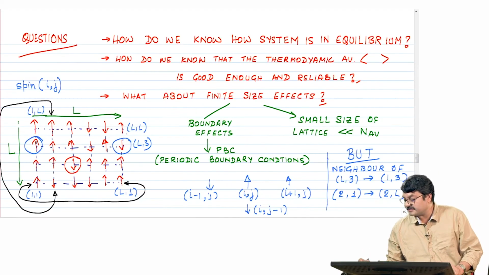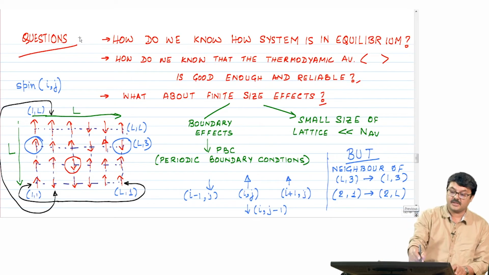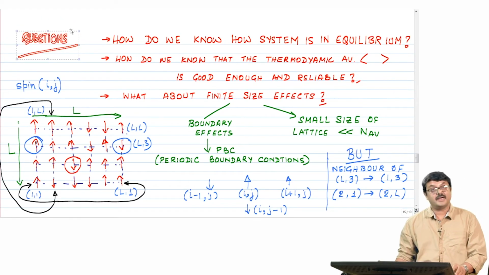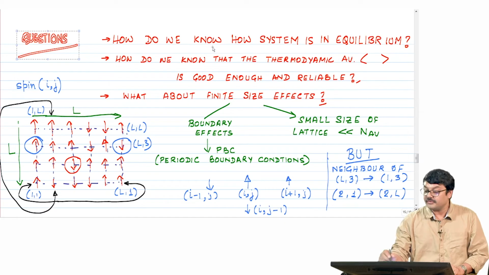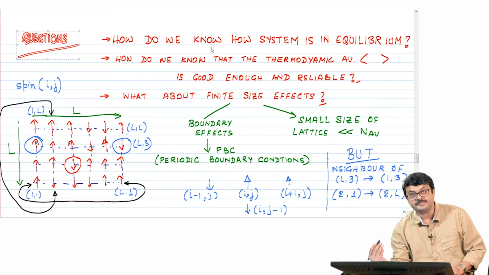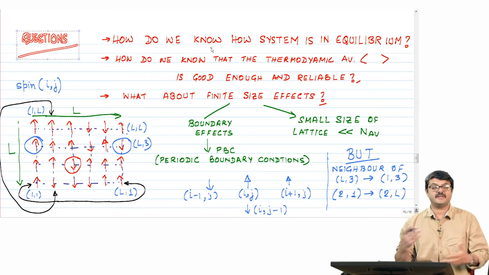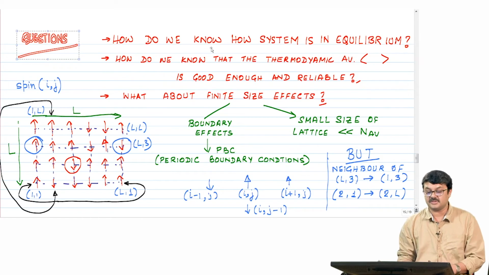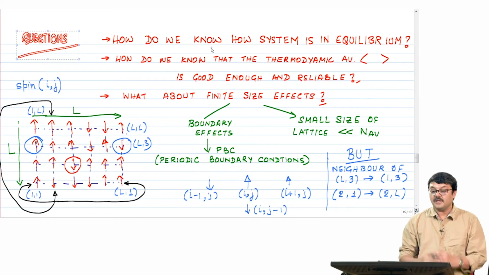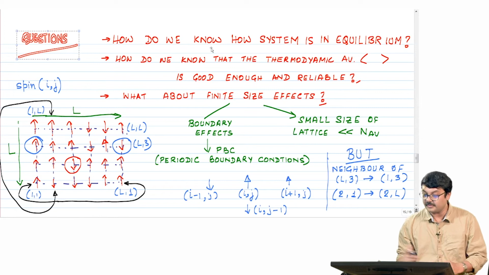Having discussed this, immediately you should be having quite a few questions, such as how do we know that the system is in equilibrium. So, you have a lattice, you are generating different microstates as per your Metropolis algorithm. When do we know that the system is in equilibrium?